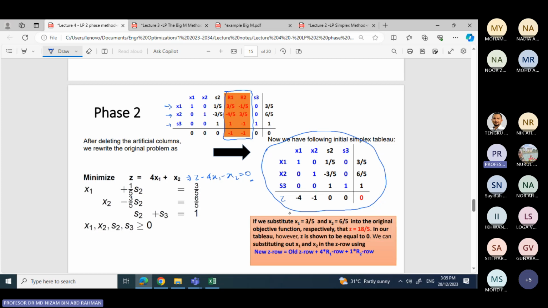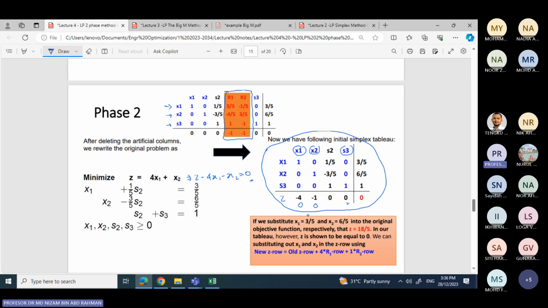When we look at this, we know there's an issue, because the basic solution is x1, x2, S3. The multiplier of Z for x1 is -4, which should be 0, for x2 is -1, which should be 0, and S3 is okay.